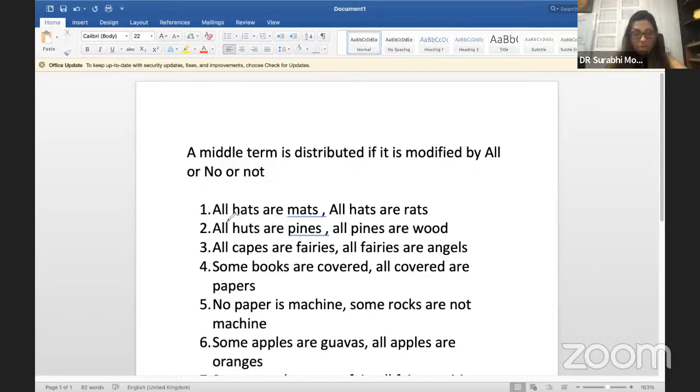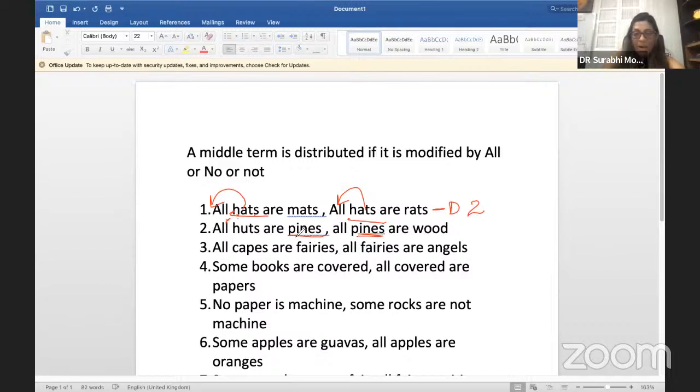So the first middle term is hats. Hats is modified by all in both the statements. Can you see it? So it is distributed twice. The second middle term is pines.